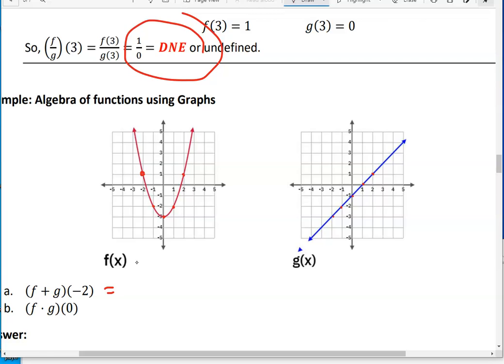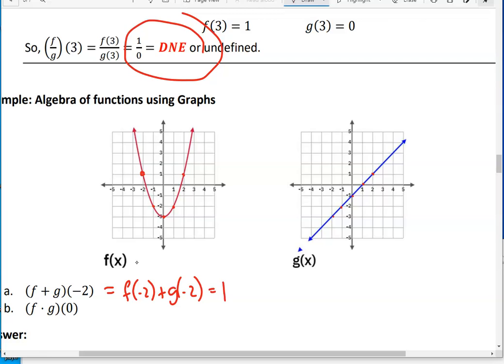Remember, f plus g of negative 2 means f of negative 2 plus g of negative 2. Just to show that step, even though once I've done it 10 times, I can automatically think that. Let's just make it very clear. F of negative 2, well, here's f. When x is negative 2, I get a 1. So f of negative 2 is equal to 1.